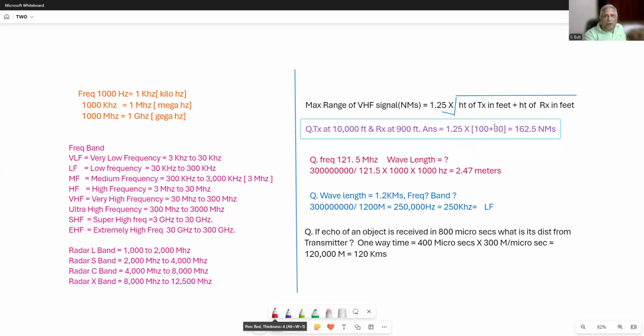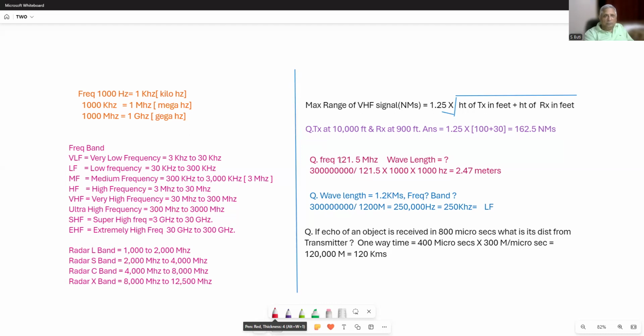So 1.25 into square root of 10,000 plus square root of 900. So it becomes now 100 plus 30. And 162.5 nautical miles will be the range of this ground station. Of course, range also depends upon power. And if you are more than this distance away from this ground station, you will not receive it.